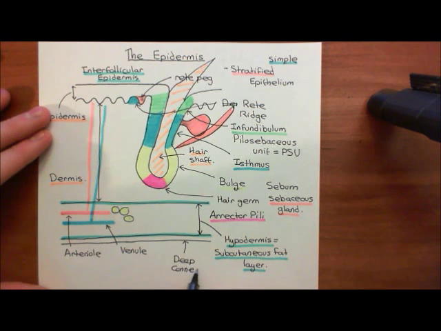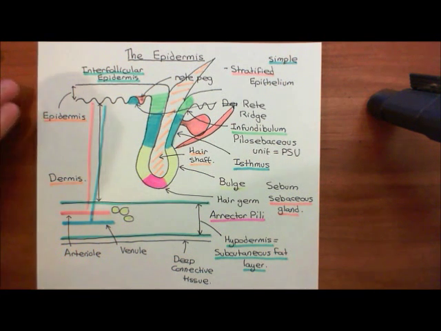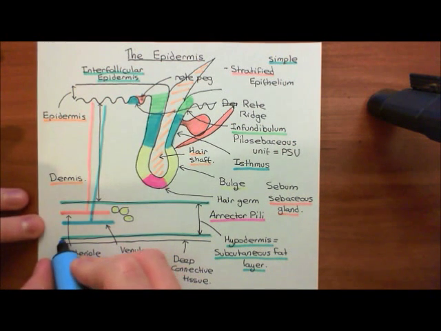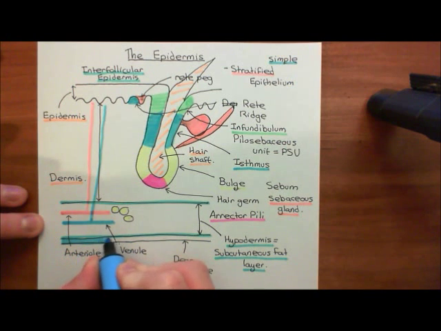And then underneath this deep connective tissue, you'll have the beginning of the muscle layers. So for instance, if we're talking about the abdomen, underneath this deep connective tissue you'll have the oblique muscles, basically, the muscles of the abdominal wall. Right, so we'll colour in this deep connective tissue here in blue.